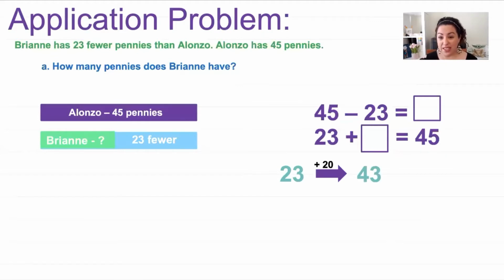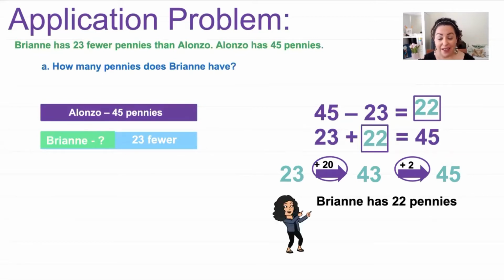And then I just have to get to 45. So how many more do I need to get to 45? I just need 2 more. So now if I take those two numbers, 20 plus 2, that's equal to 22. So that means that Brianne has 22 pennies.